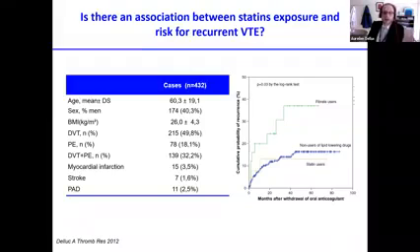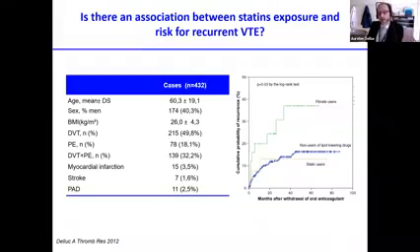They were subsequently followed up for venous thrombosis recurrence. Our patients had a mean age of 60, 40% were men, and you can see they had the usual distribution of sites of index VTE, with 50% of patients with an isolated DVT, and the remaining with a PE associated or not with DVT.